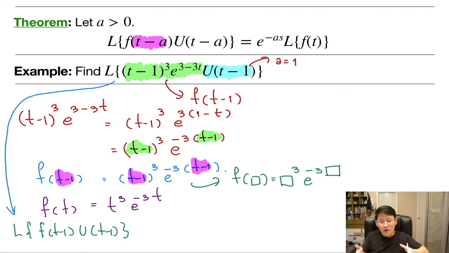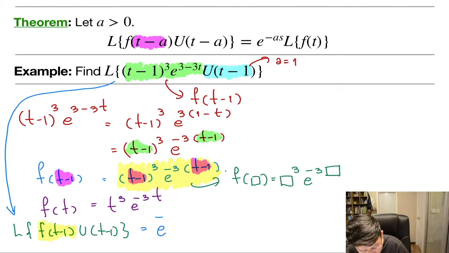Because right now our f(t-1) is actually this guy, which is actually the guy here. Make sense? So this is the problem. It can be written as e to the minus as, with a being 1, so e to the minus 1s, the Laplace transform of f(t), which is t cubed e to the minus 3t.